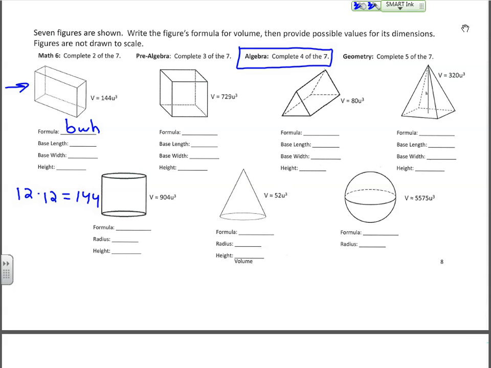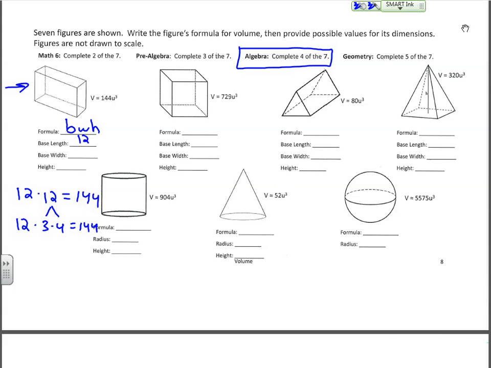But anyway, if 12 times 12 is 144, but we need 3 numbers that multiply to make 144, we can take one of these 12s and write it instead as a factor pair, 3 times 4. Because if 12 times 12 is 144, then 12 times two numbers that also multiply to be 12, 3 and 4, will also be 144.